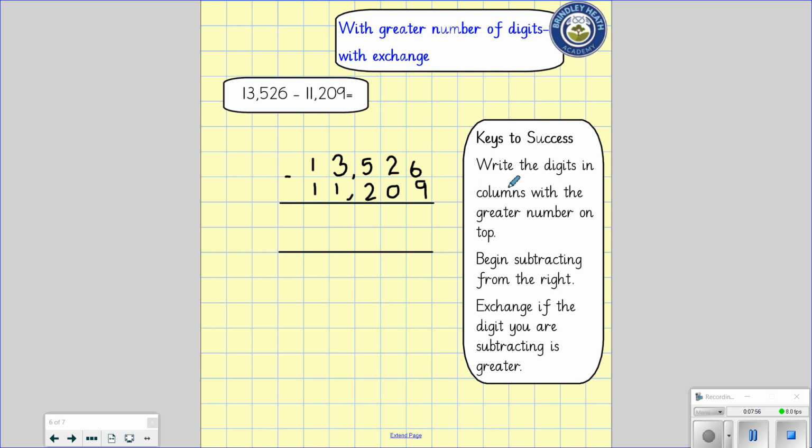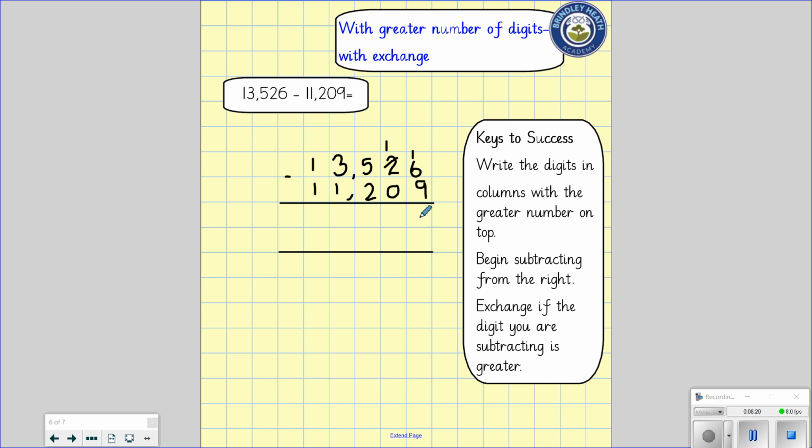Okay, so I'm going to start on my right hand side because I've lined my digits up. I'm going to look at 6 take away 9. I can't do 6 take away 9 because the 9 is greater than the 6. So I've got to exchange. So my 2 tens becomes 1 10. And I'm exchanging that 10 into the ones column for 10 ones.